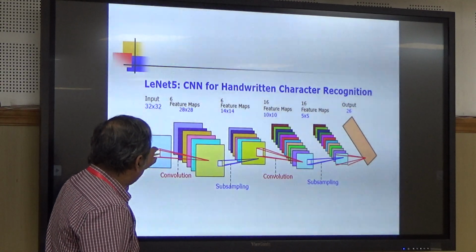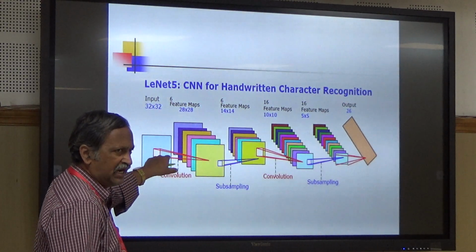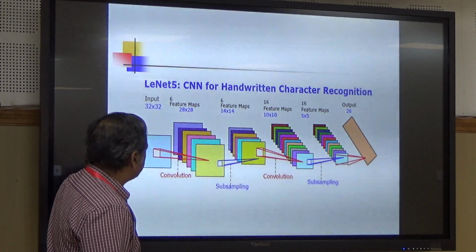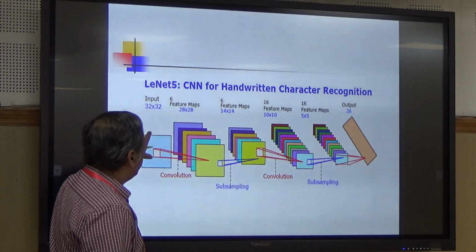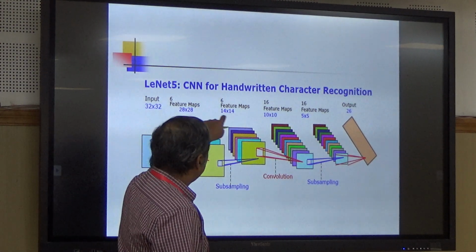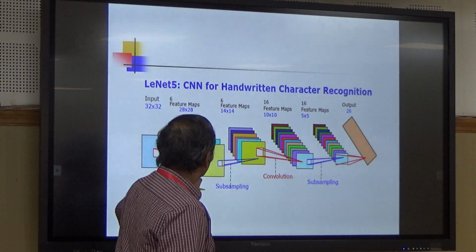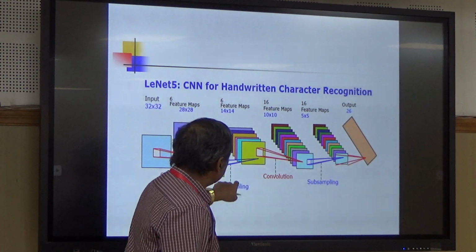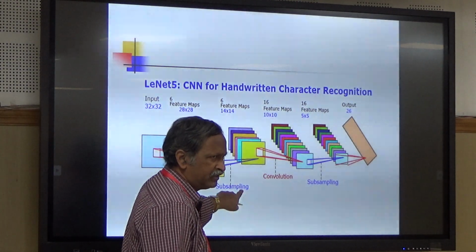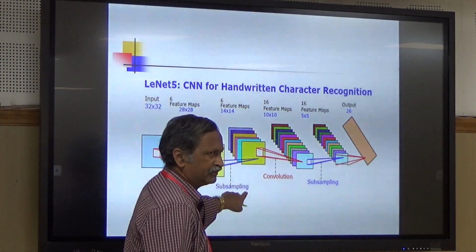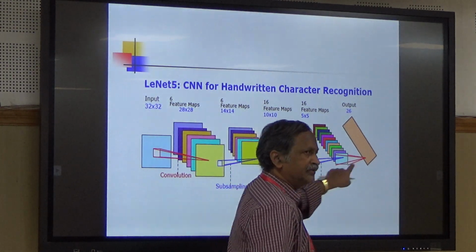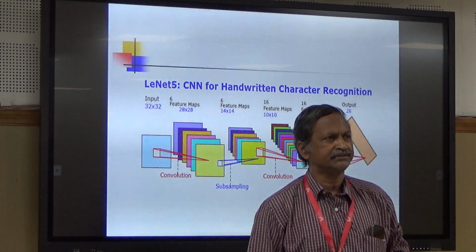It is initially initialized with some values. You convolve this with the image. Then you do some sort of pooling. So you get feature maps. So convolution, subsampling or pooling. Some people call it pooling, some people call it subsampling. Then another convolutional layer, subsampling. Then come fully connected layers.